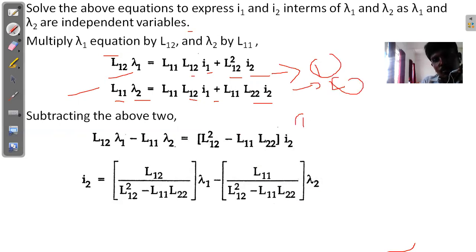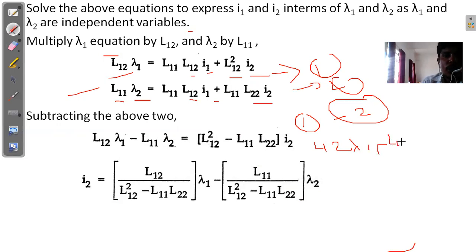So subtract this one, 1 minus 2. Here L12 into lambda 1 minus L11 into lambda 2 equal to, so these two terms will be cancelled.